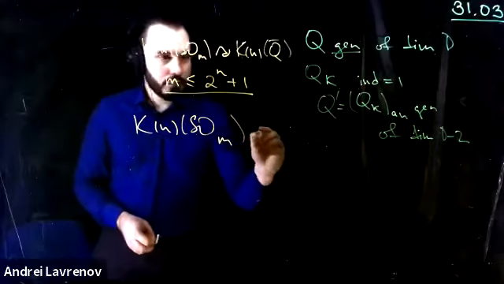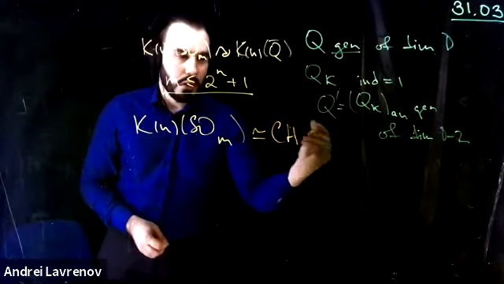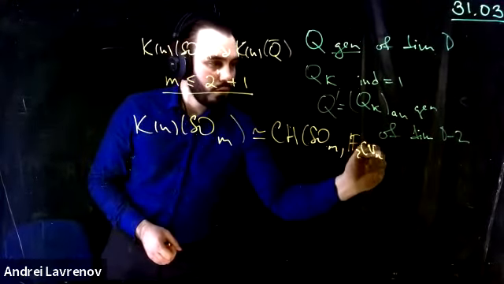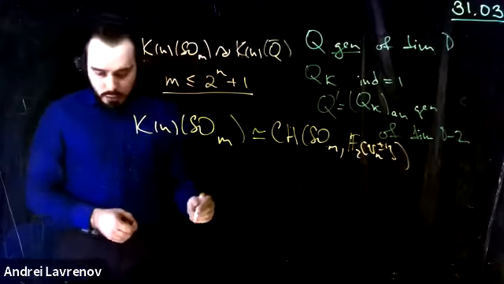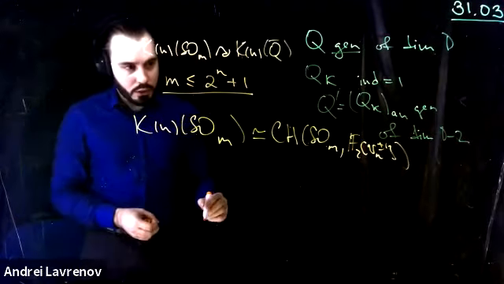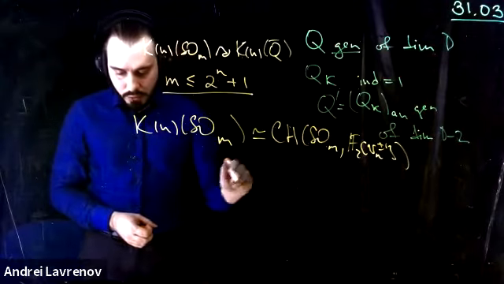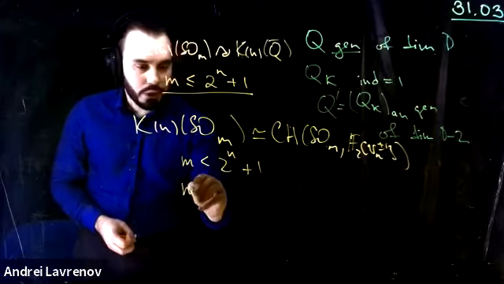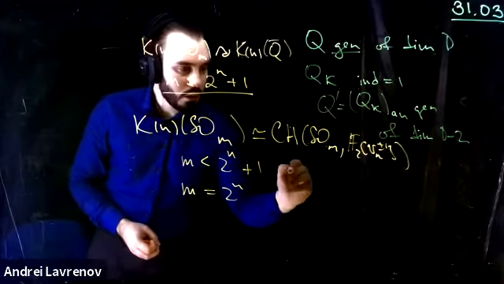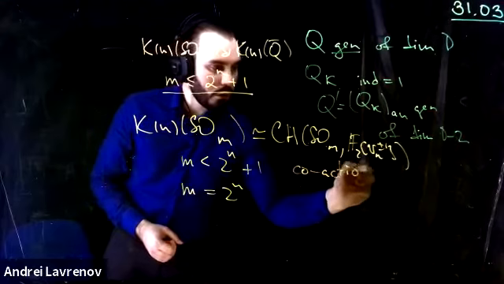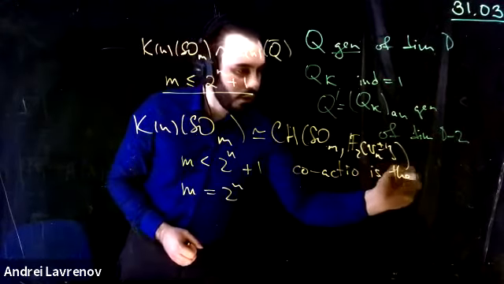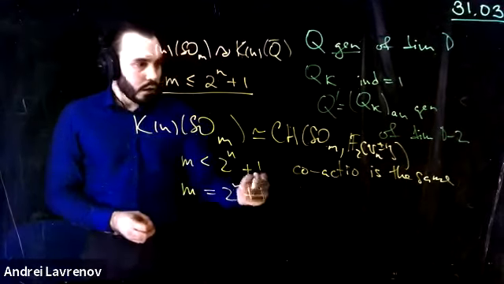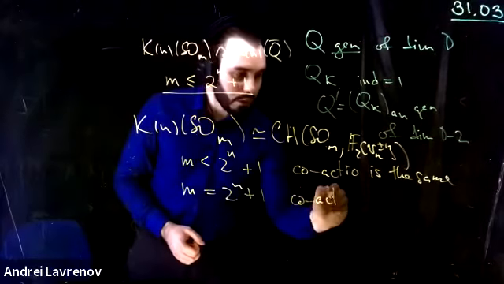This will be isomorphic to the Chow. Not very interesting. And the coaction also will be the same as in the case of Chow for m less than 2n plus 1, and for m equal to 2n plus 1 the same. The coaction is different, but it is easy to compute it.